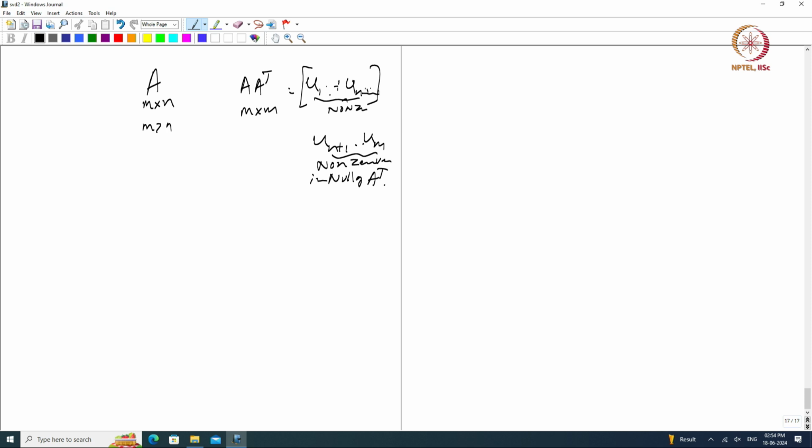You can still work it out, you will not get any difference in result, only you will have to work a little more here. It is always good to work with a smaller size, because rank is always less than or equal to the minimum of m comma n. So, it is always good to work with smaller size to begin with.